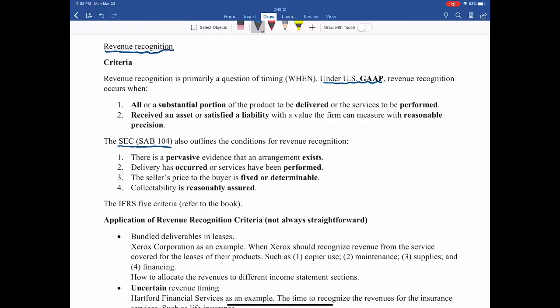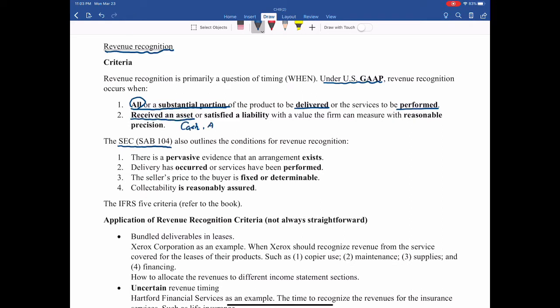Let's first go over the guidelines by US GAAP. The revenue can be recognized only when all or at least a substantial portion of the products are delivered or service performed, and the firm received an asset.